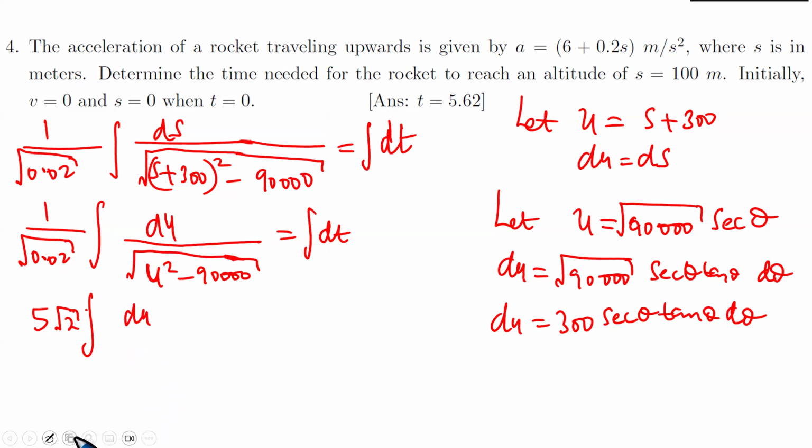Right, and what then do we have here? Okay, let us simplify this one. So at this point, this is 1 over, what is the u squared? Right, the u squared, then you square this, which is 90,000.